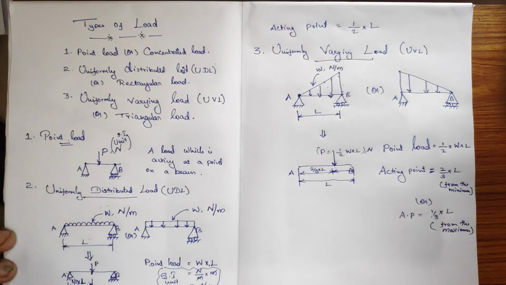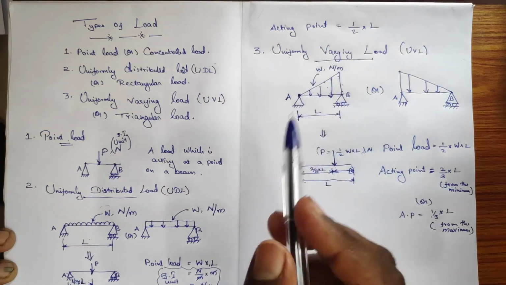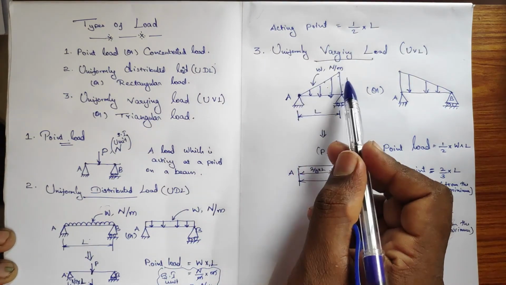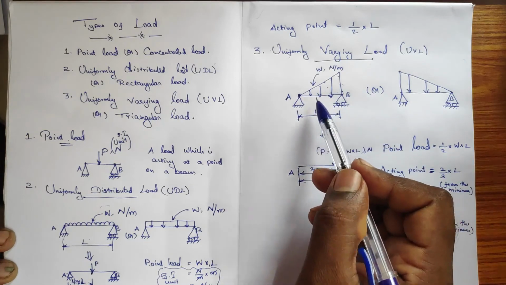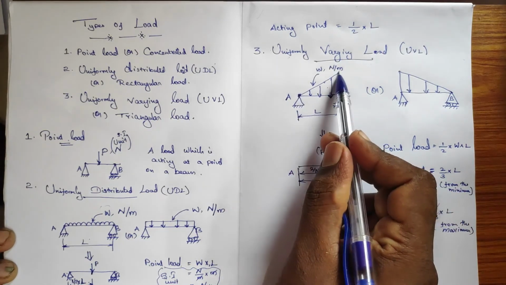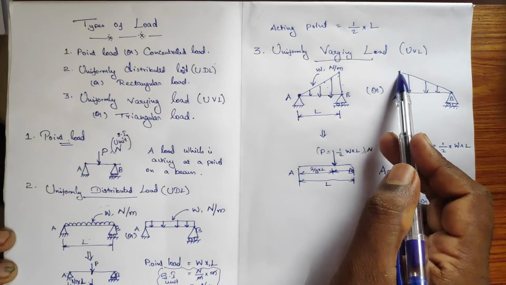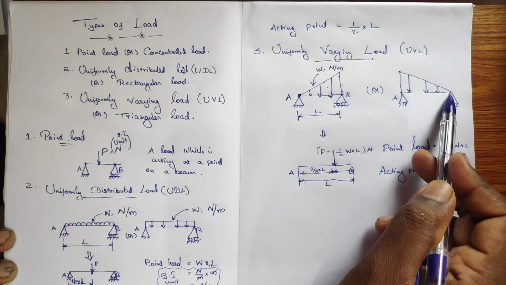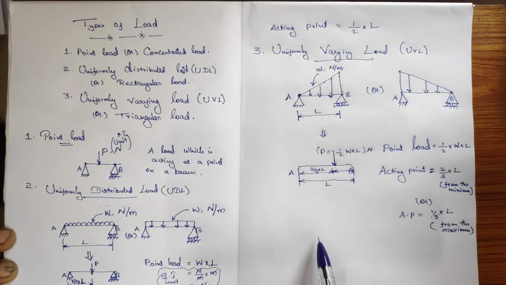A uniformly distributed load means the load is distributed uniformly from one end to another end throughout the length of the beam. A uniformly varying load means the load is distributed in a linearly varying manner. One end will be minimum and the other end maximum, or one end maximum and the other end minimum, something like this.